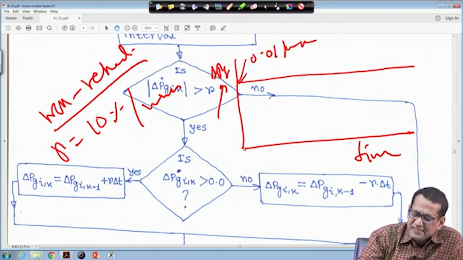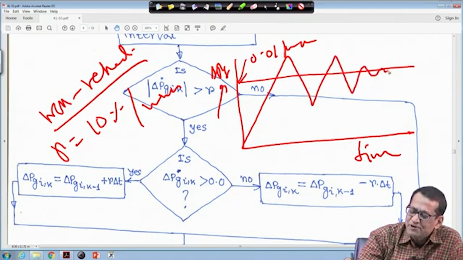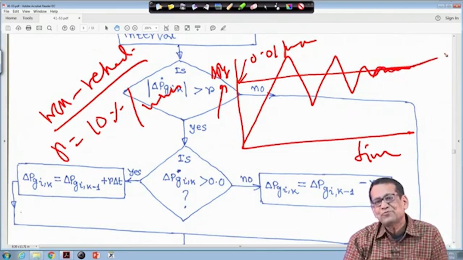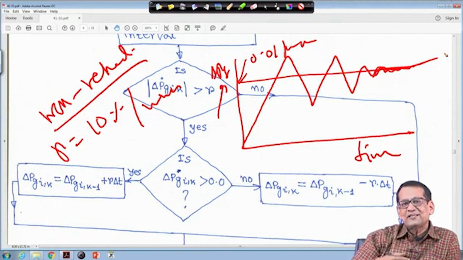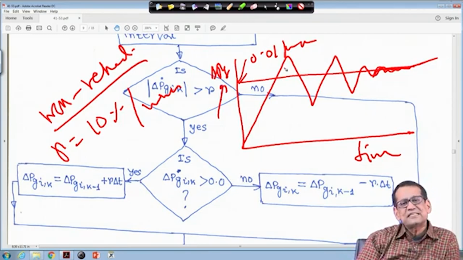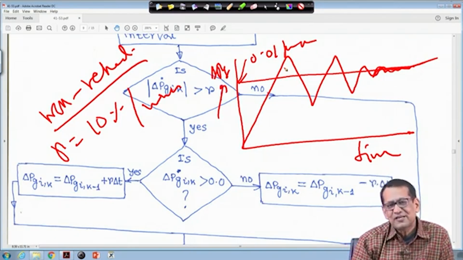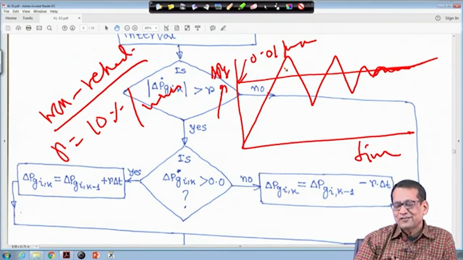The response initially may go like a ramp, and finally when the constraint is no longer violated, it will show some oscillation and settle to 0.01. Otherwise, we will find a straight line ramp increase or ramp decrease, and the settling time will be very high, for theoretical purposes some 60 or 80 seconds or even more.